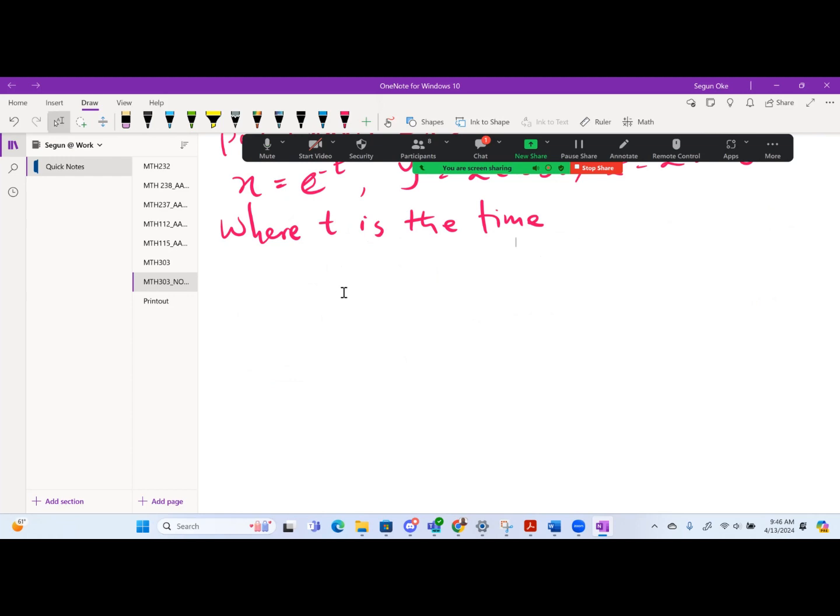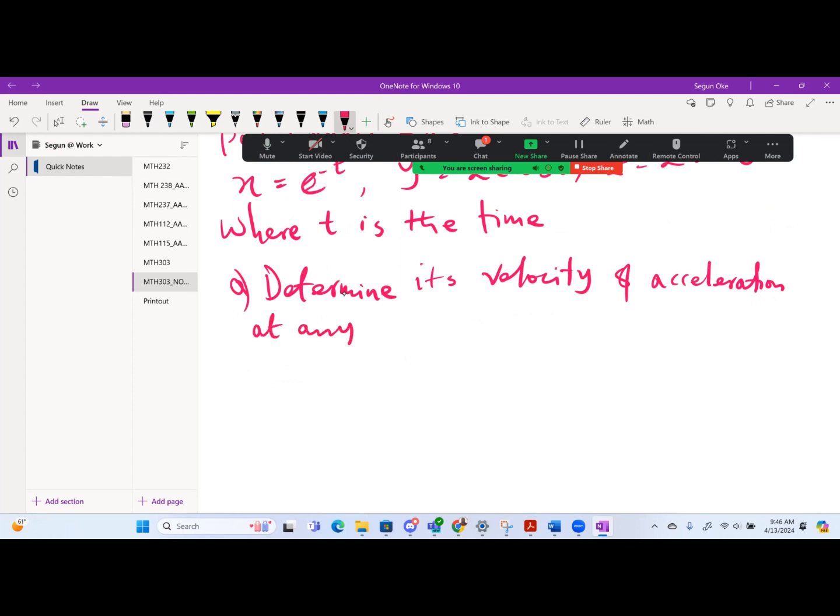A. Determine its velocity and acceleration at any time.